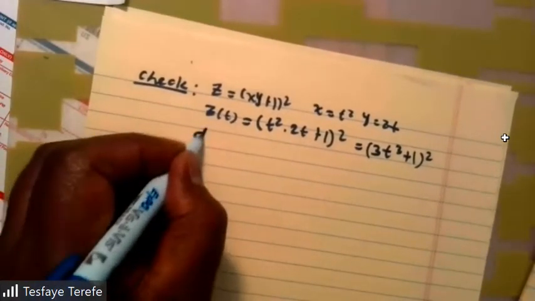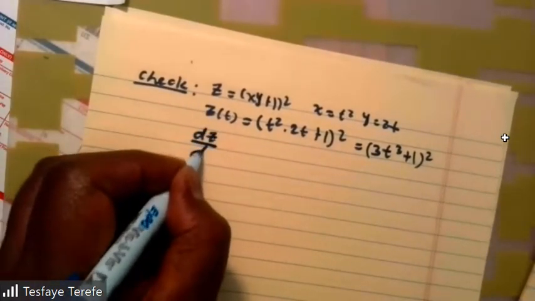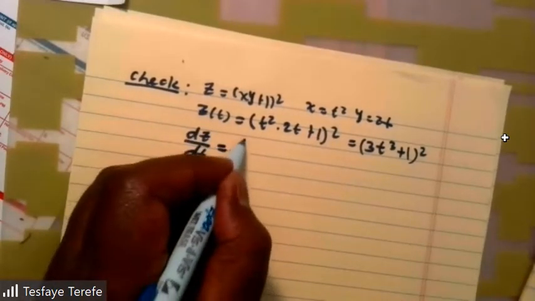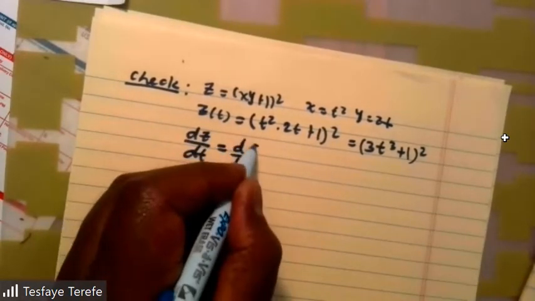Now, because this is a function of a single variable, we are taking the total derivative of this function.